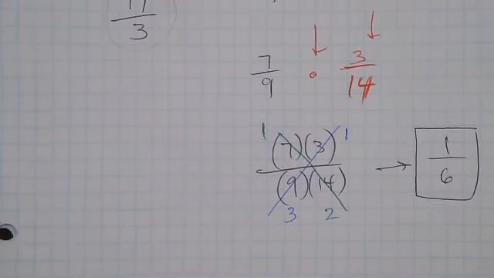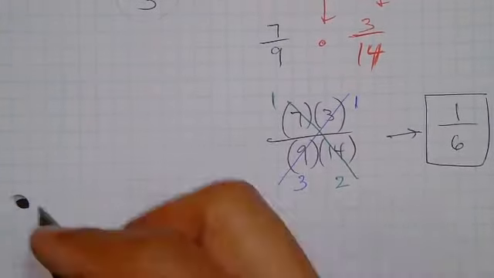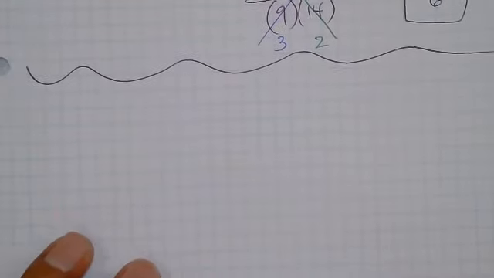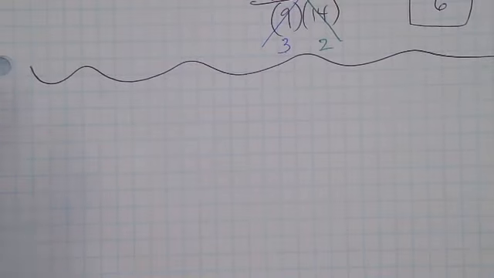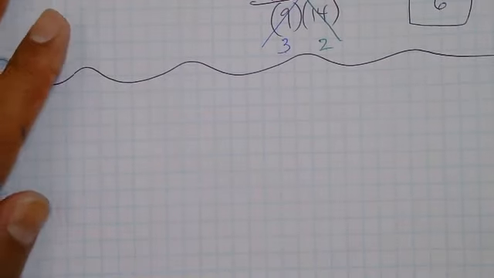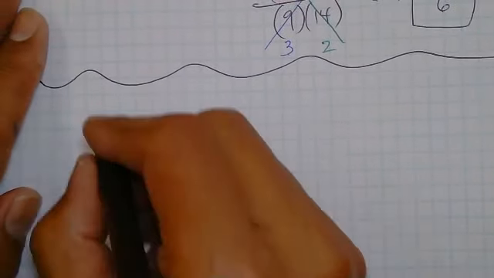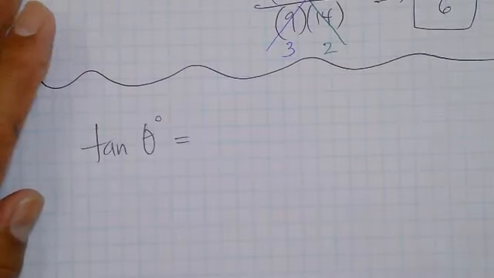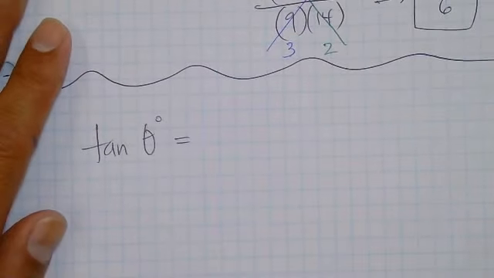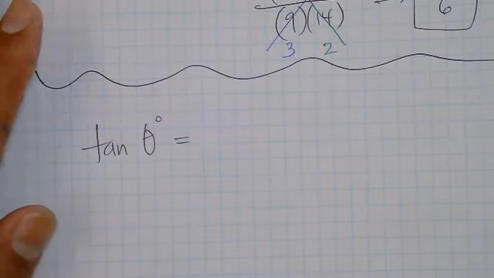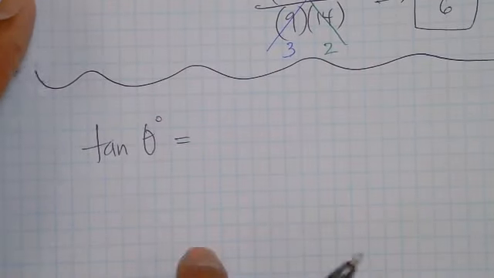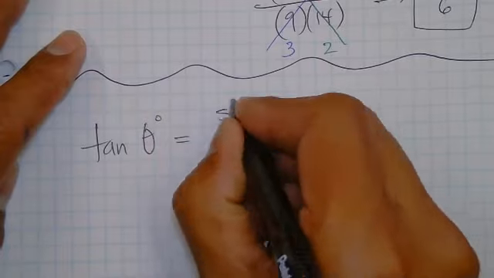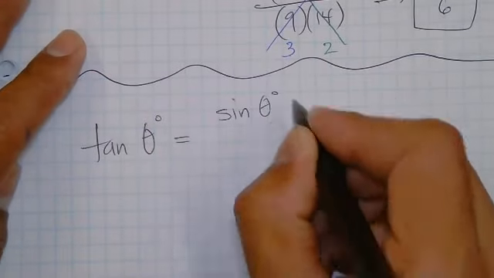Okay. Now we're going to take this, and this is what you're going to be doing to find tangent. Here it goes. Ready? All right. Now, using the unit circle, this is how you find tangent. To find tangent, write this. Tangent of the angle is equal to... I know we know tangent is like TOA, like over A, but no. For this one, you have sine and cosine.